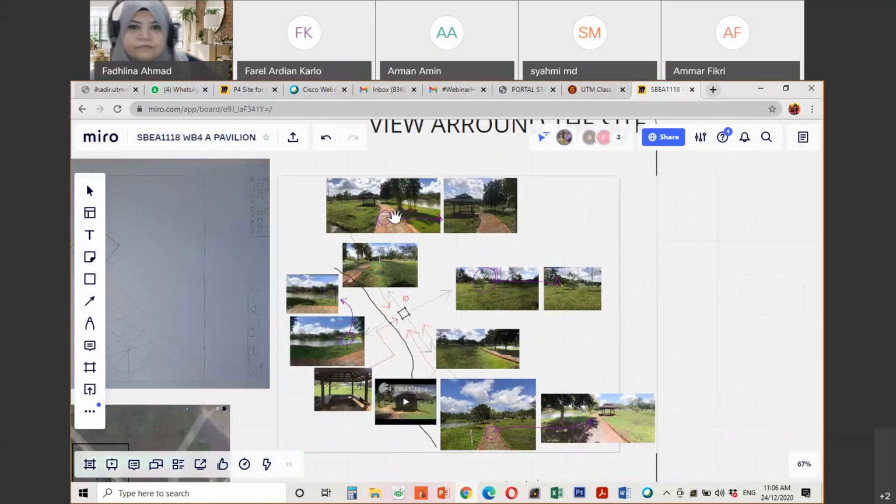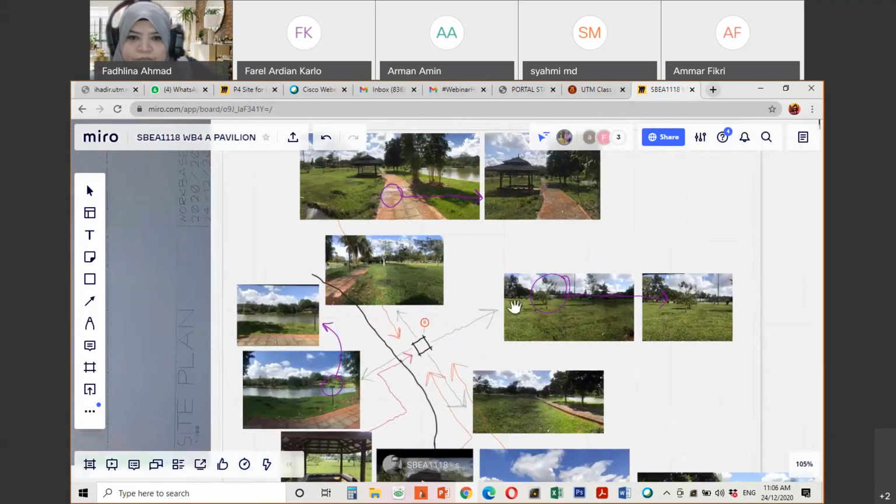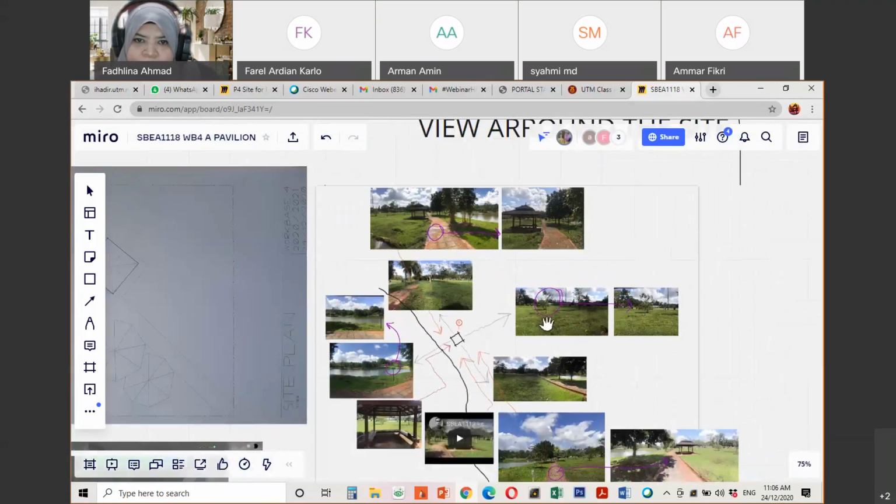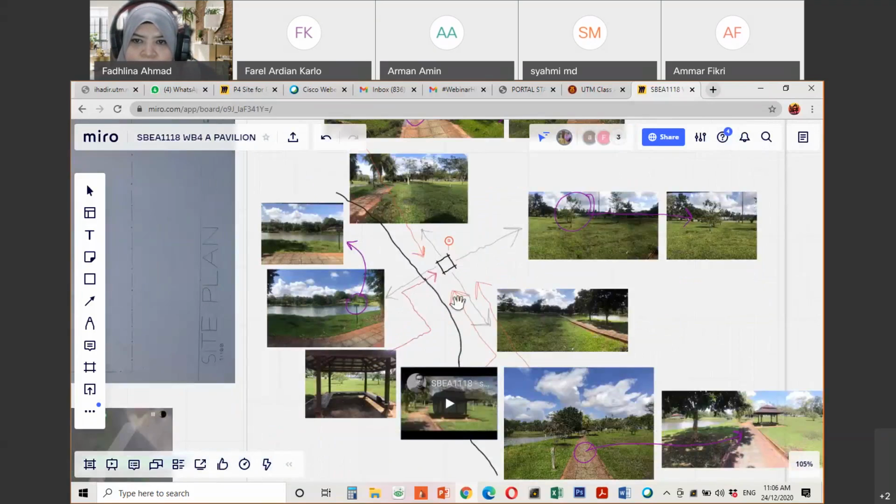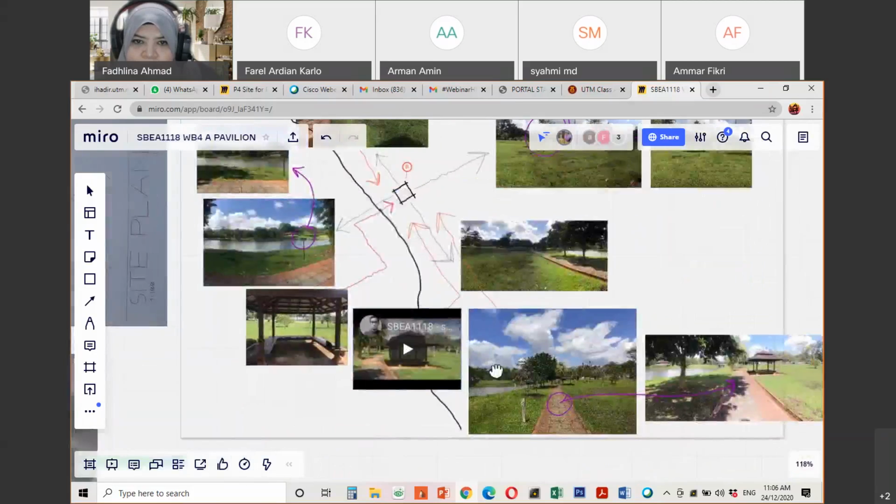If we build the pavilion here, it will be an attractive place for students to study or do their assignments.